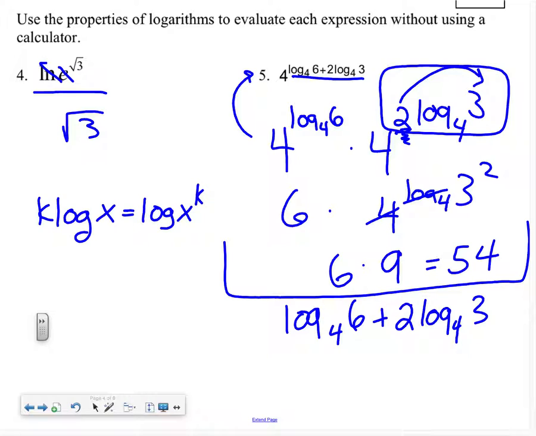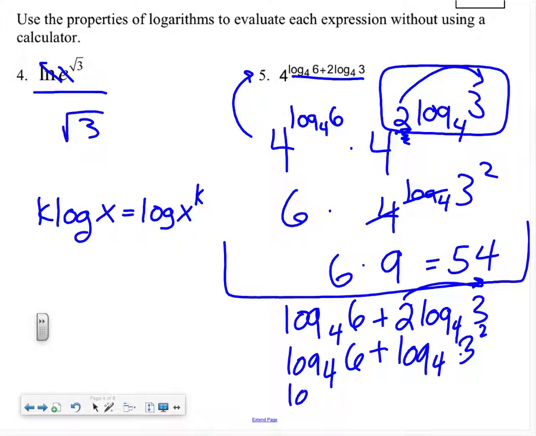That would be our 5th rule. So I can take the 2 up top and make that 3 squared. So I have the log base 4 of 6 plus the log base 4 of 3 squared, which is otherwise known as 9. So you have the log base 4 of 6 plus the log base 4 of 9.